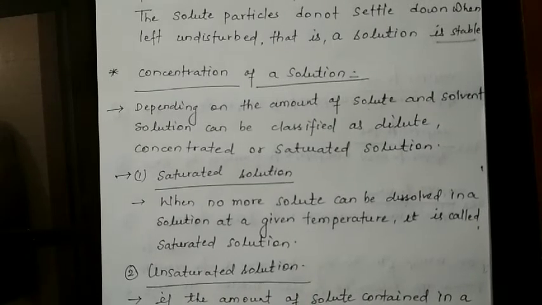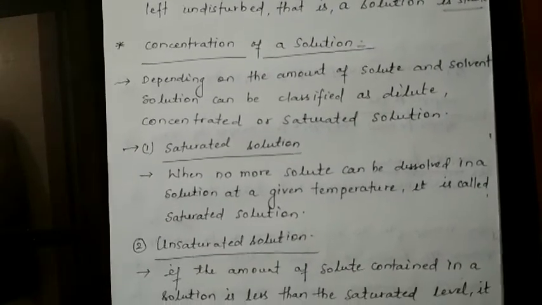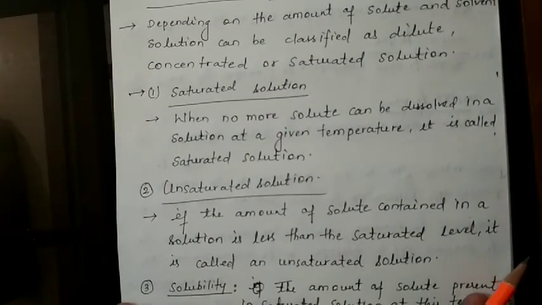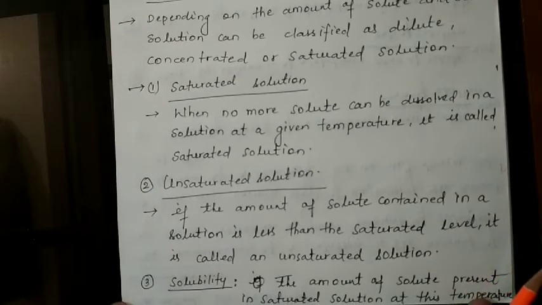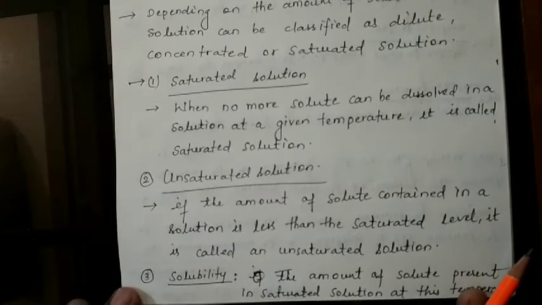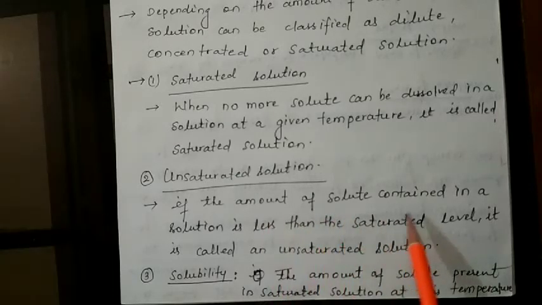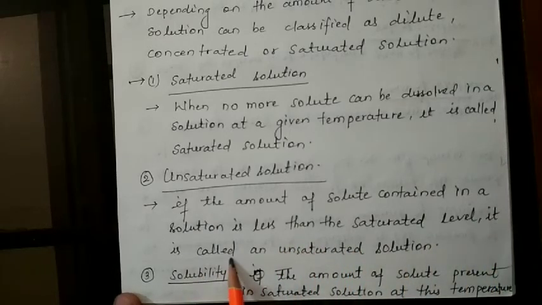Second is unsaturated solution. An unsaturated solution means the amount of solute contained in a solution is less than the saturated level. It means this solution has the capacity to dissolve more solute in the solvent. So if the amount of solute contained in a solution is less than the saturated level, it is called an unsaturated solution.